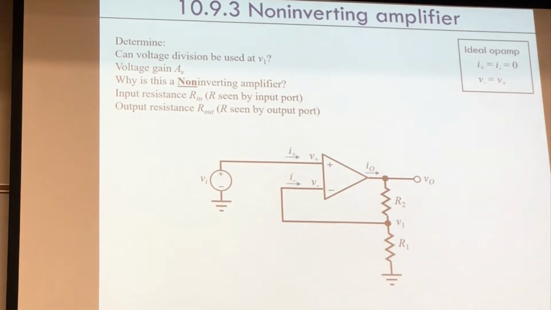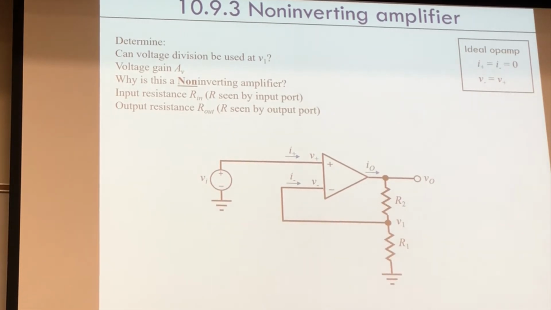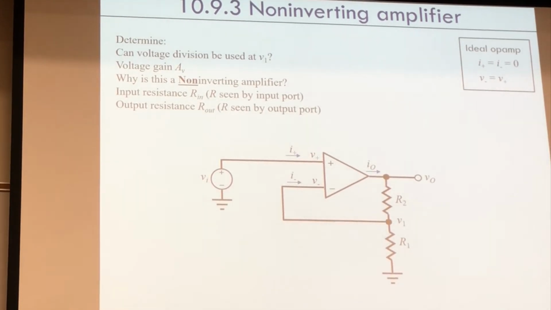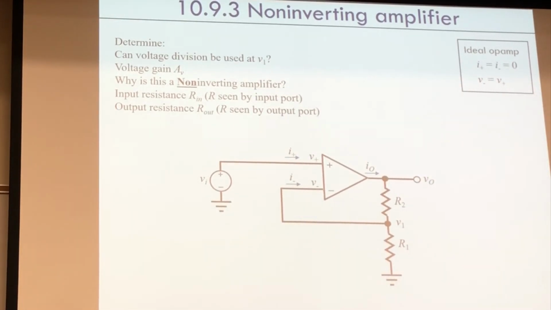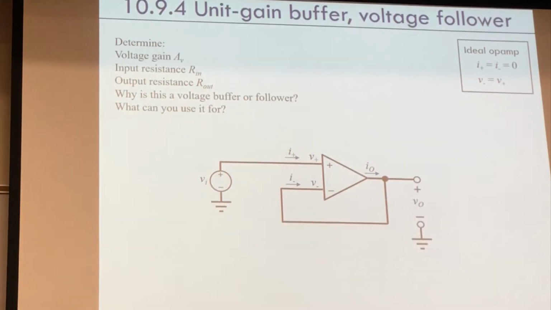But you can use KCL on anything, because those are the laws: KCL, conservation of matter, KVL, conservation of energy. They apply everywhere. So this right here is a unity gain buffer.